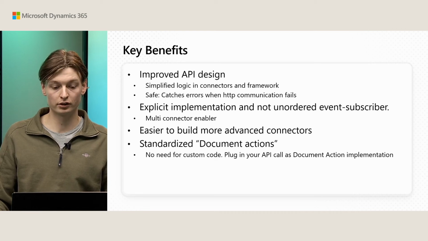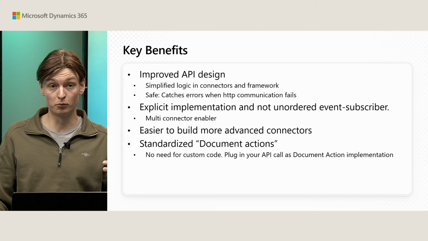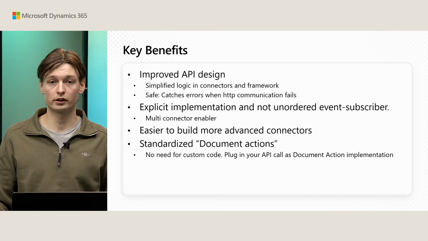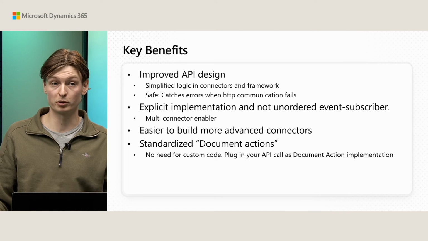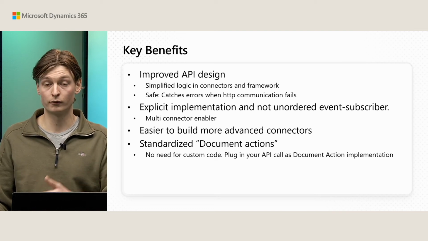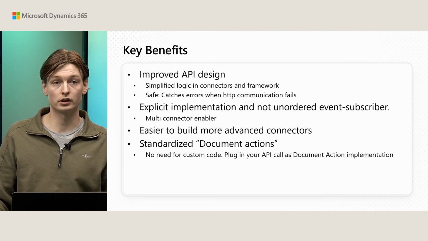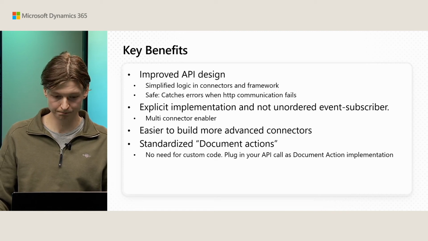It is all explicit implementation. There are no event subscribers, essentially allowing for multiple connectors to be installed without this worry of one connector doing a bad job of its implementation and affecting the rest. We've seen that, and that is feedback we've gotten. So it's good to see that this improvement will get rid of it.